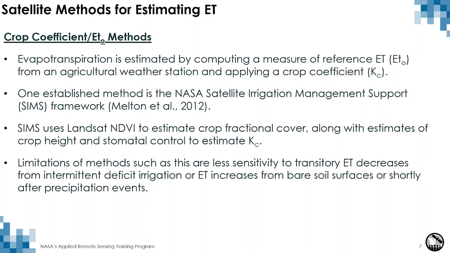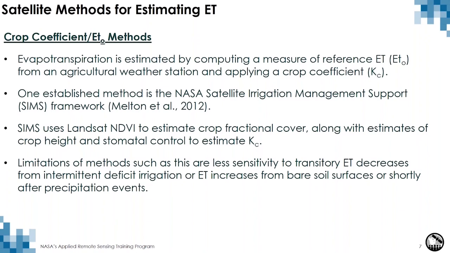This uses a crop coefficient method over most of the Western United States, especially in California, where we have good remote sensing information and good crop data to come up with an automated way to estimate crop coefficient based on NDVI and estimates of crop height and estimates of what crops are grown in what field.